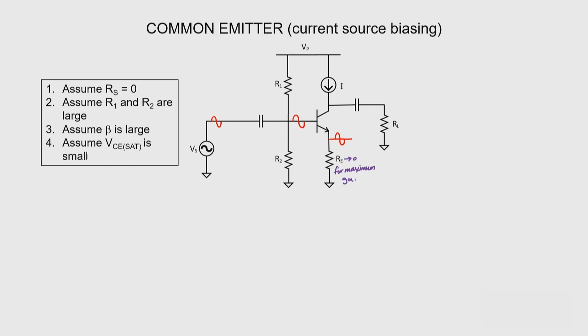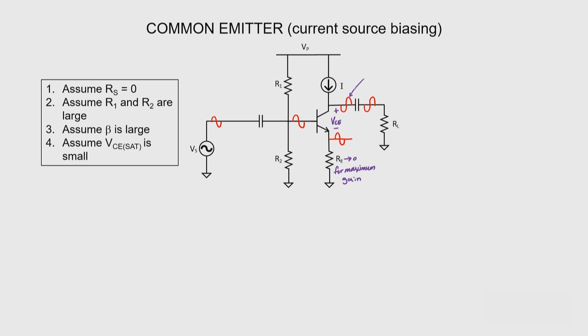The transistor will have some particular VCE saturation voltage, but we're going to assume that it's small. The AC signal at the emitter is inverted, and it winds up at the collector. The AC portion of it is extracted and delivered to the load through that capacitor.